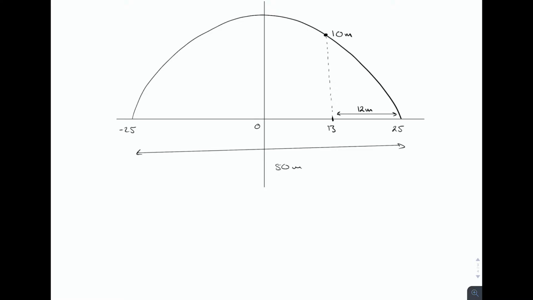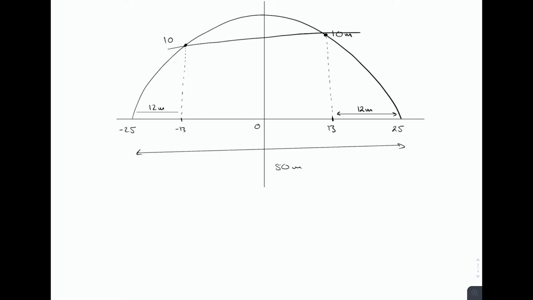And the same applies, by the way, to this part too. So if I have negative 13, again, this representing a distance of 12 meters, I'm going to have a height of 10 as well.